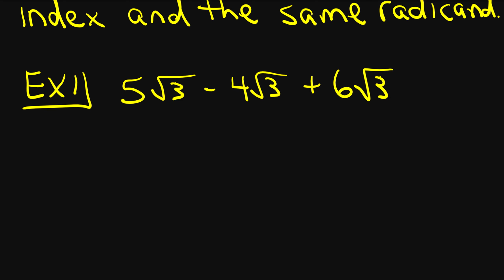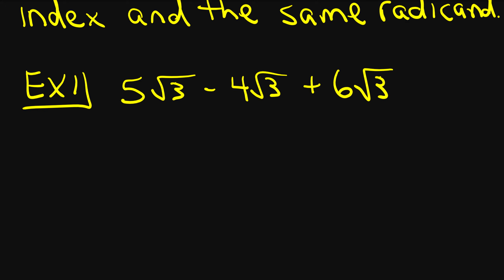In this problem, they start us off with the easy one. The radicals are all square roots of 3, and they're all simplified. So there's nothing to do here. They have the same radicand, which is the 3, and the same index, which is 2, it's a square root. So this already fits the criteria, and all I have to do is add these up.